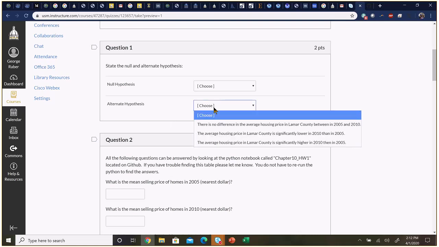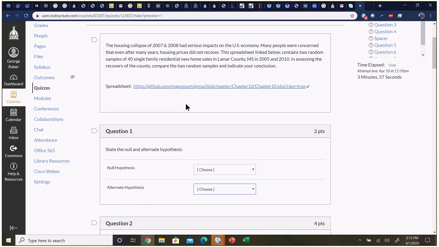All right. Now, here I said in assessing the recovery of the county, compare the two random samples.